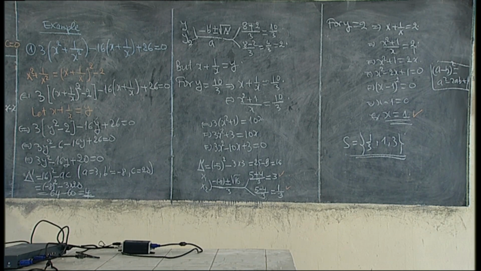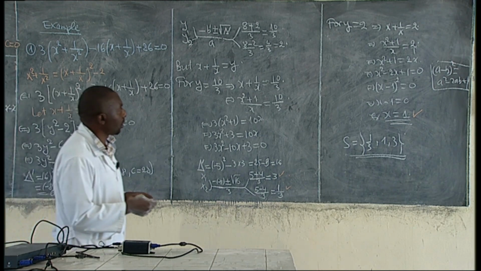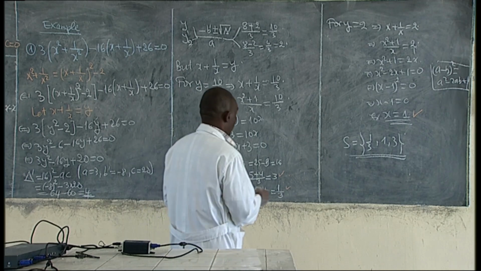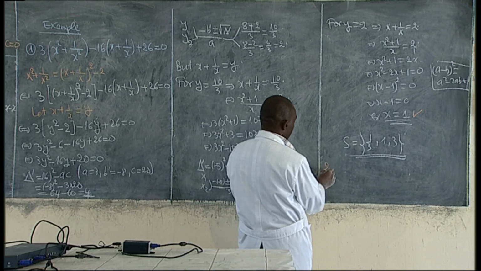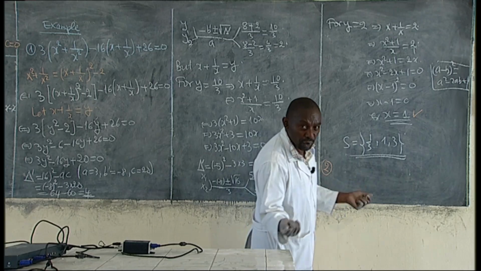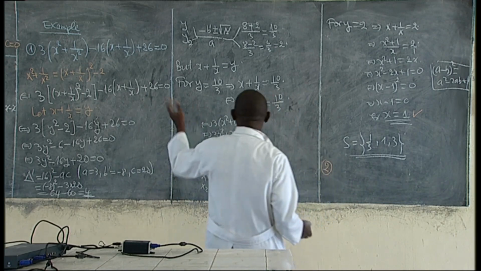You may have another example, but I'm not going to solve that exercise, because it is no different from this one. You are going to test if you get the answer, because the method is the same.